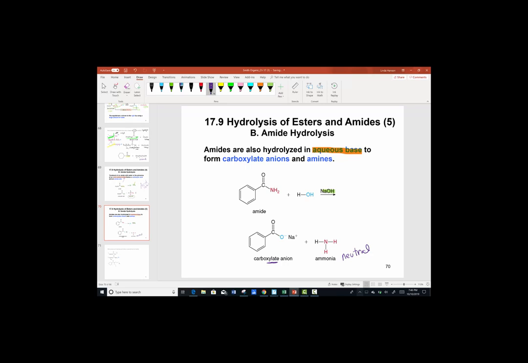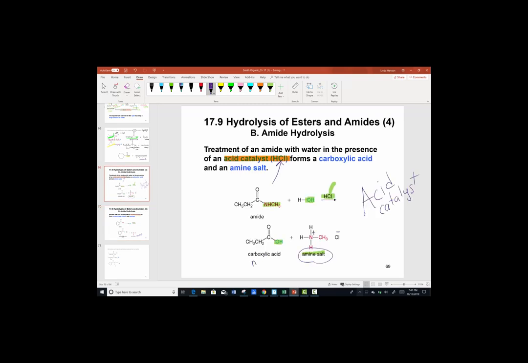In the presence of a base, the carboxylic acid is left unprotonated, and you create a carboxylate anion and the neutral ammonia. Compare and contrast that. In an acid catalyst, the neutral molecule is the acid, and the amine is the charged salt.